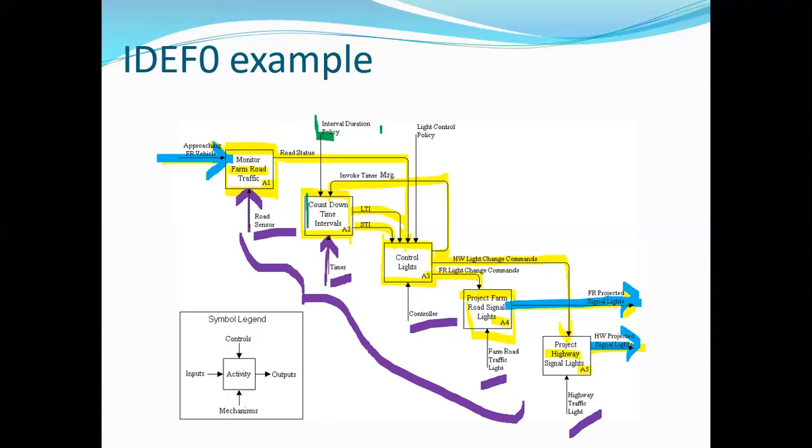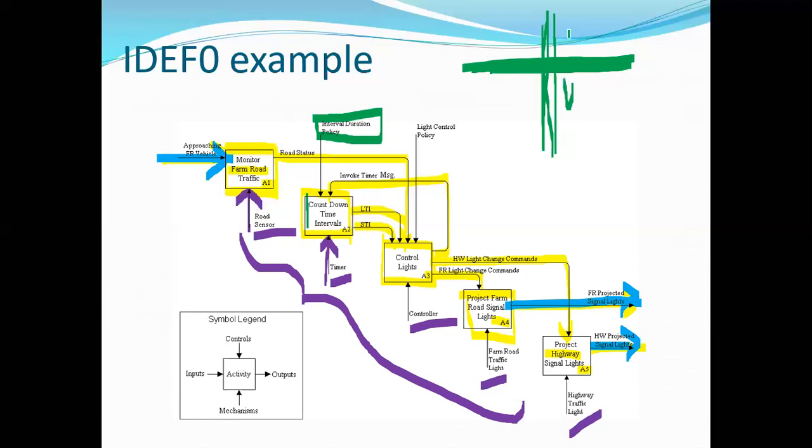This is how the process runs. It looks for the interval duration policy. If we have a traffic jam here, this is the highway and this is the farm road. We have the traffic light here, and how it works is described using this process. Usually the traffic light follows the interval duration policy, but it changes when the queue of vehicles is too long.